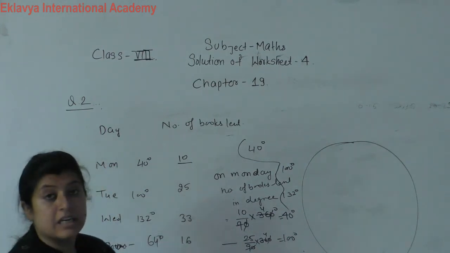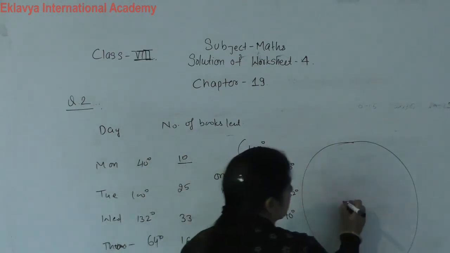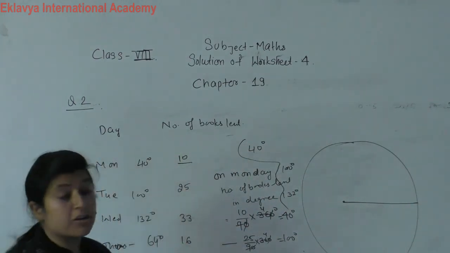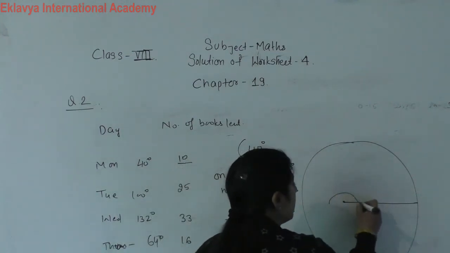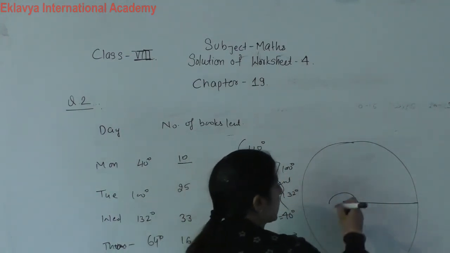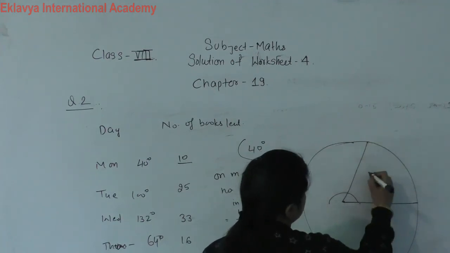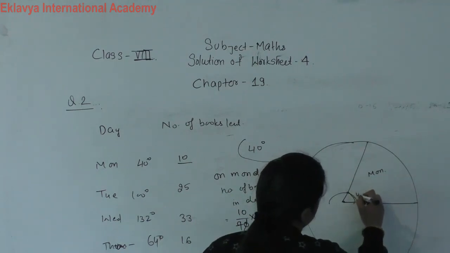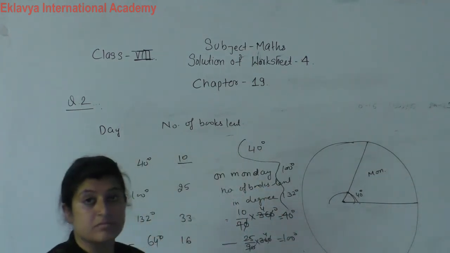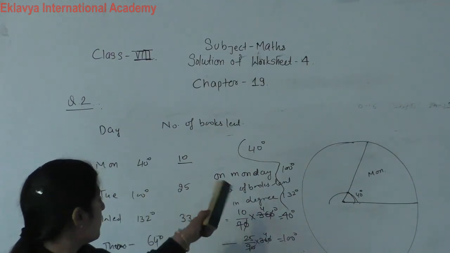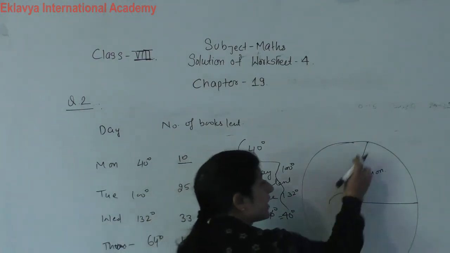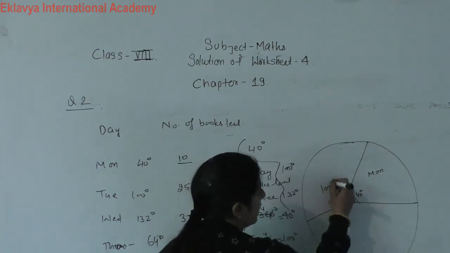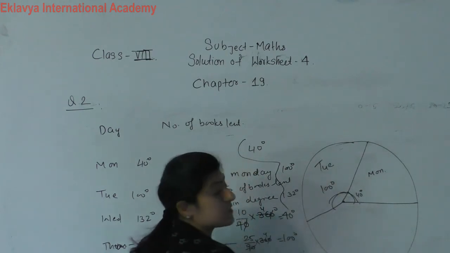Now take any one line, suppose I draw this line. Now make an angle of 40 degrees: put your protractor and make an angle of 40 degrees. Then this becomes Monday. Now Tuesday, 100 degrees: put your protractor here, make 100 degrees, and this is Tuesday.